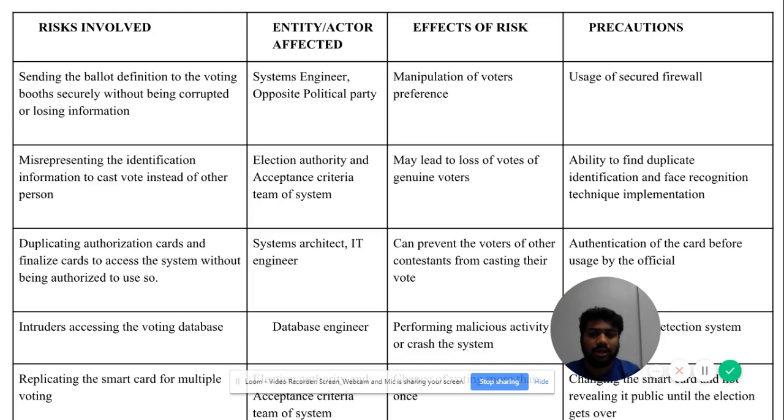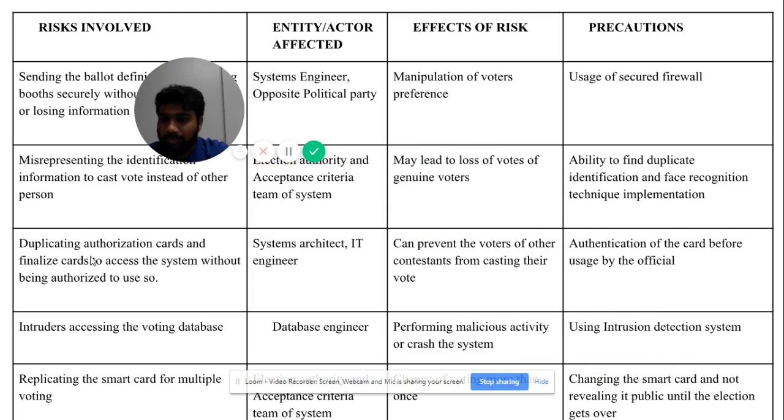We need to make sure that no other identification which is mentioned should be able to identify the voter and give him the right to vote. The basic precaution we came to know was that we need to find the duplicate identification and improve the identification system even better by using face recognition techniques and so on.